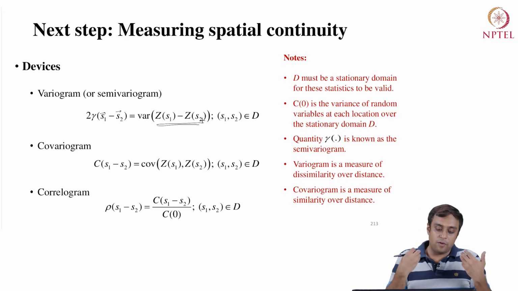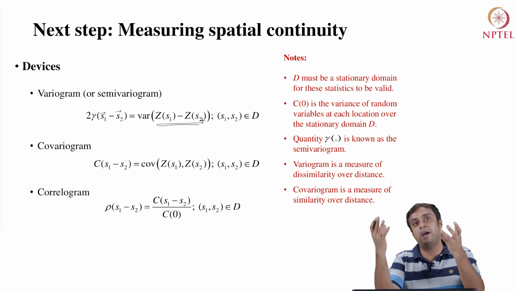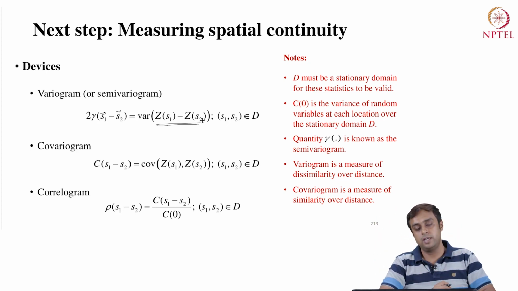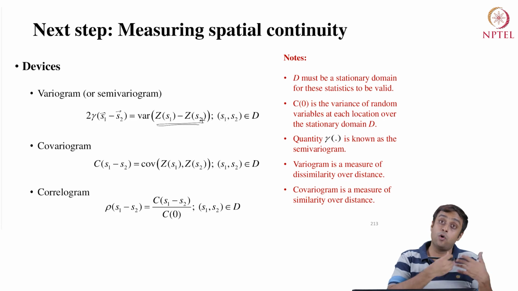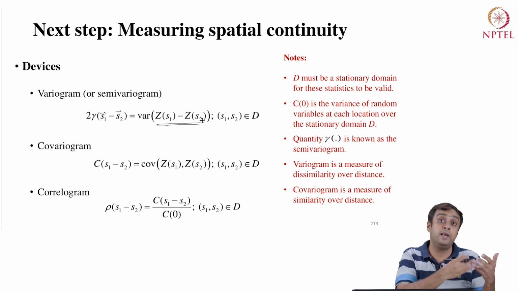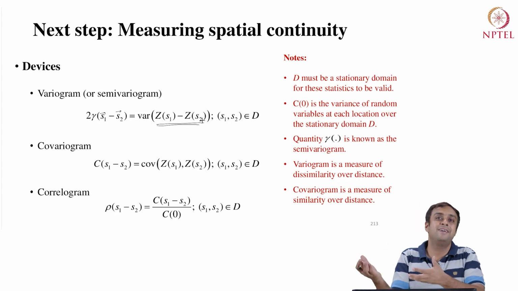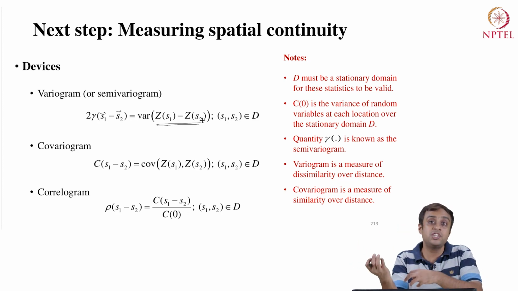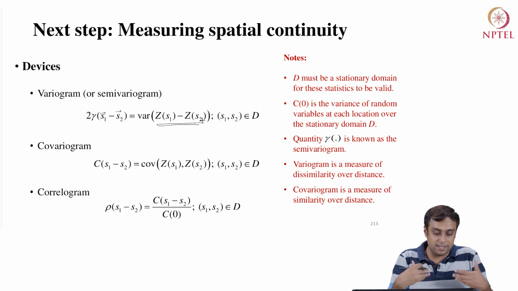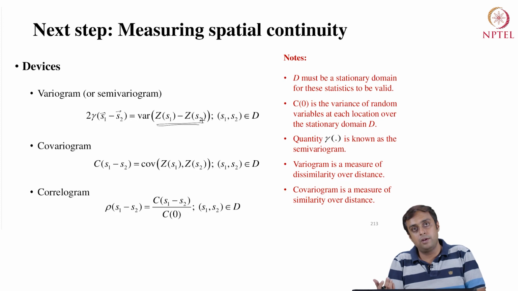We also looked at the covariogram last time, which is nothing but the covariance of the values observed at any two locations in space. We also have a correlogram, which is nothing but a correlation analog with univariate statistic. When we move from covariance to correlation, we can imagine moving from a covariogram to a correlogram.